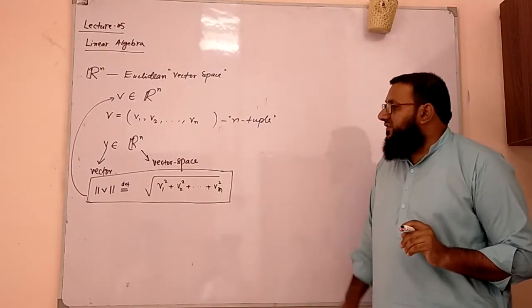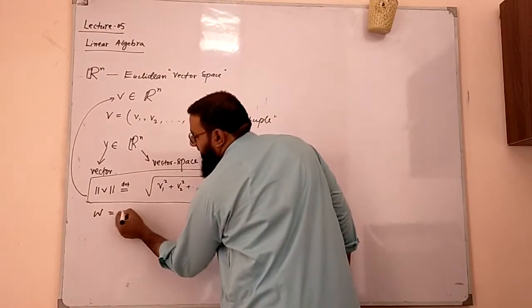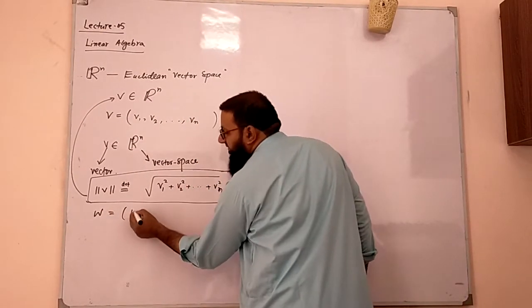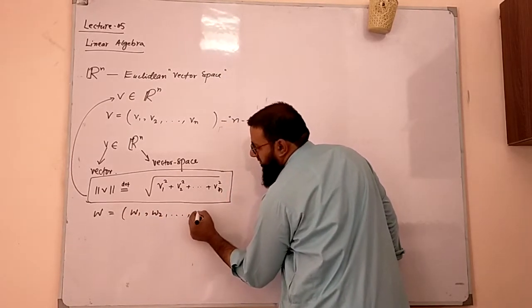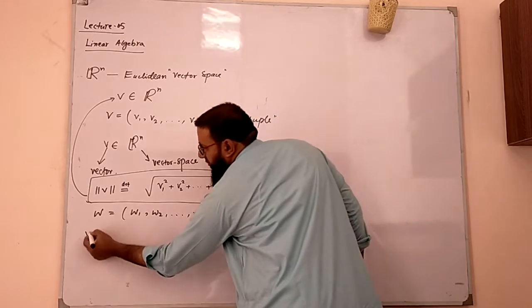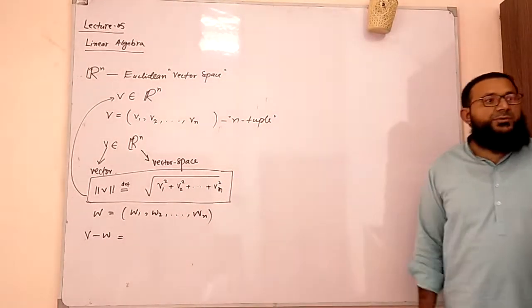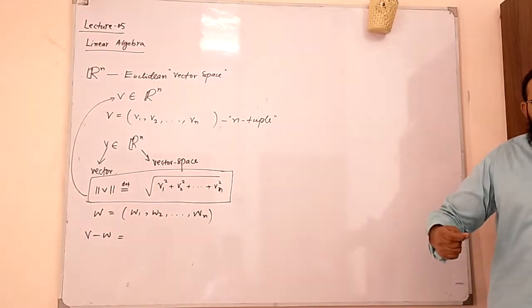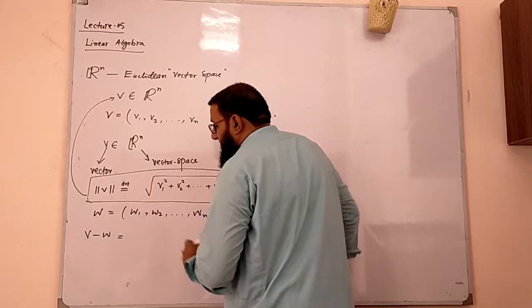So this is how we define the norm of a vector. You have another vector, let us say w, with components w1, w2 up to wn. Then how do you define v minus w? That is just component-wise subtraction, v1 minus w1 and v2 minus w2. It is not necessary to write this in detail.